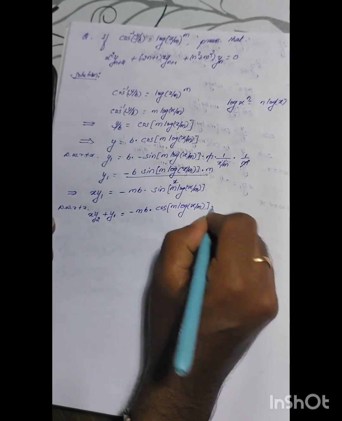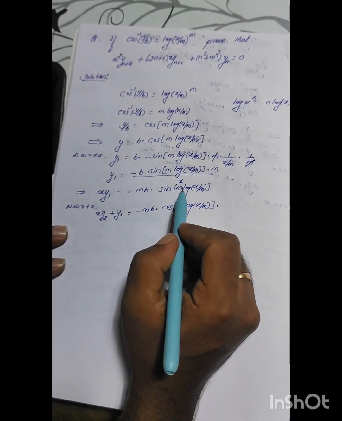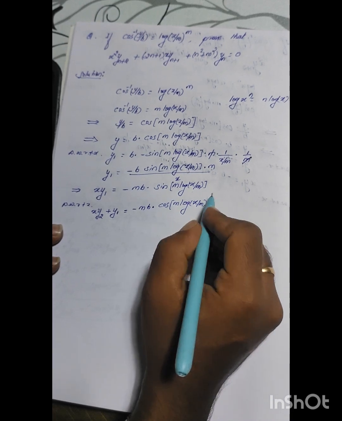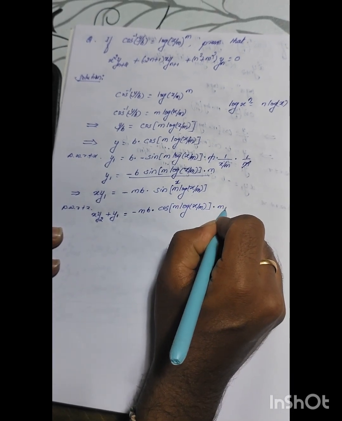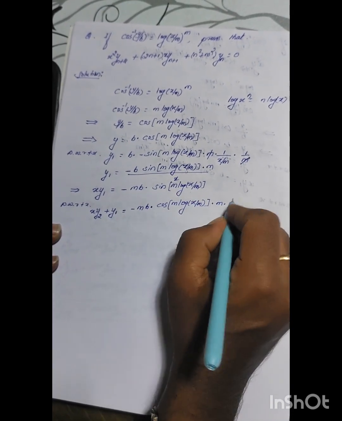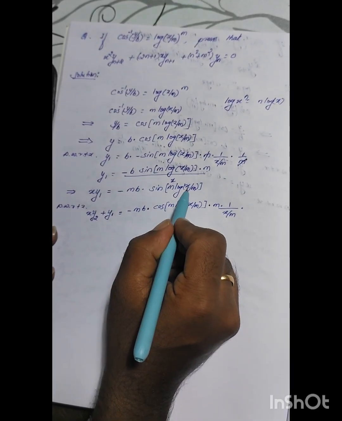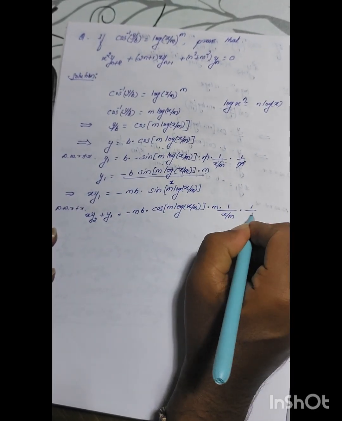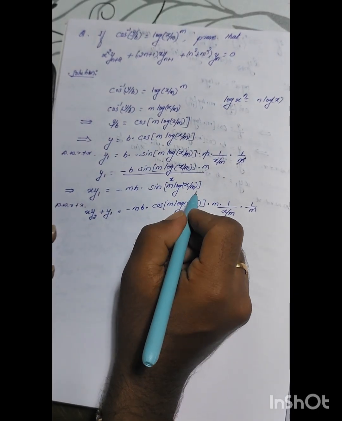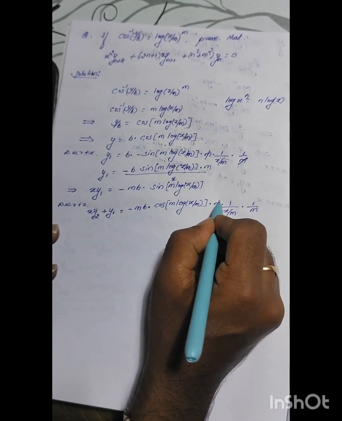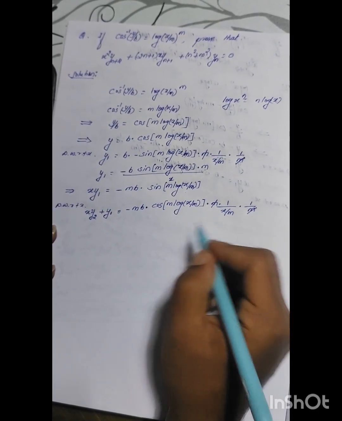Yeah, and now again you have to apply the chain rule. So the derivative of m log x over m will be, m is a constant, so m has to be multiplied. So log of x by m will become 1 divided by x by m into the derivative of x by m, which is 1 over m. The coefficient of x is 1 over m here. So 1 m in the numerator, 1 m in the denominator will get cancelled here.